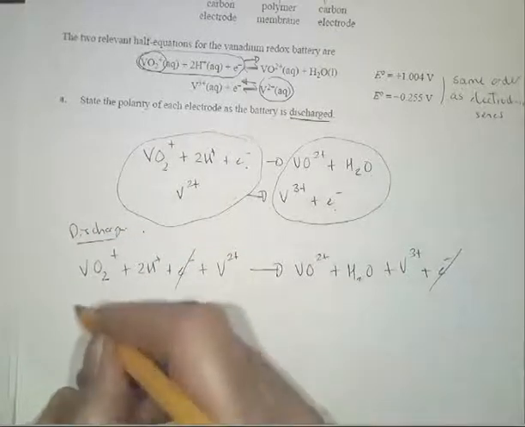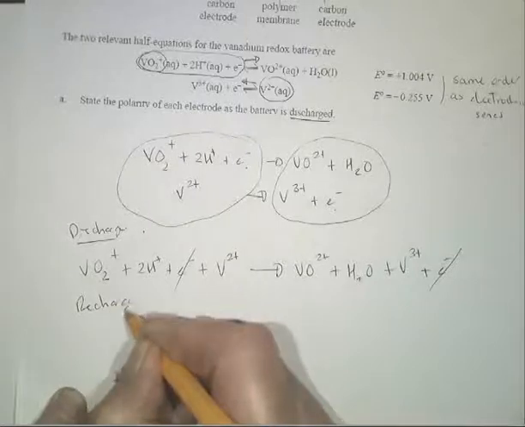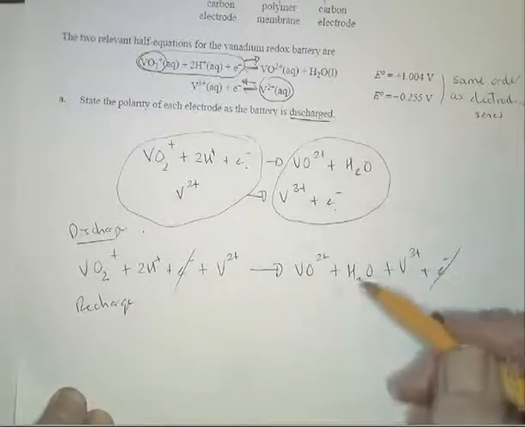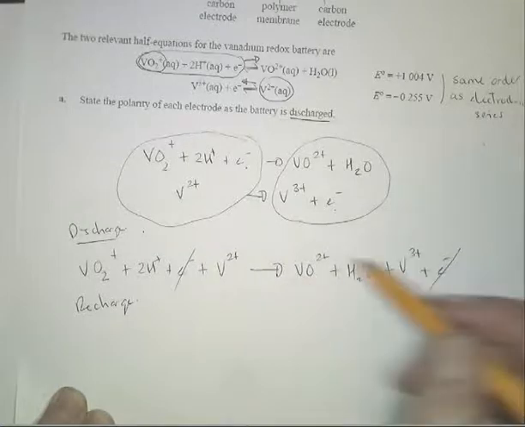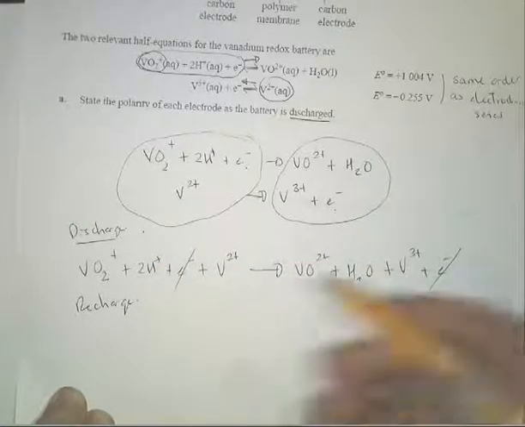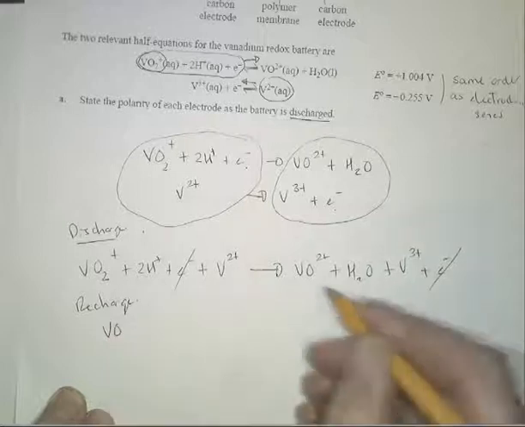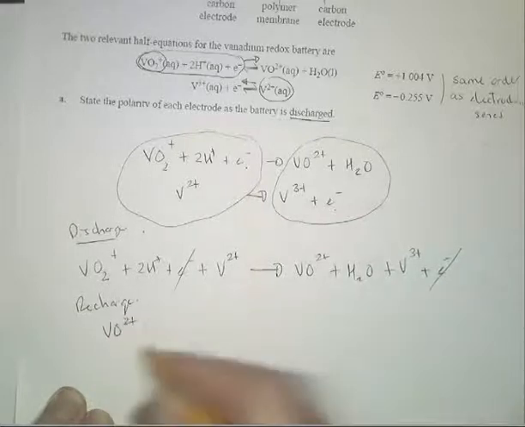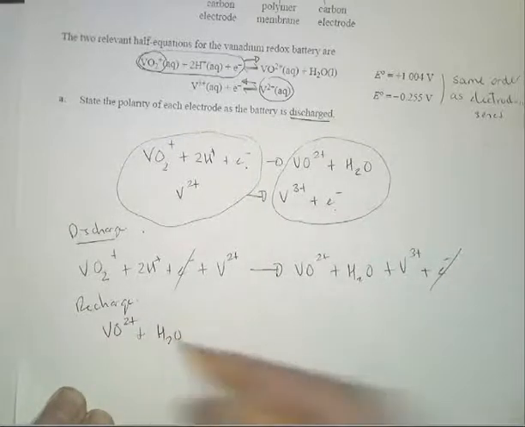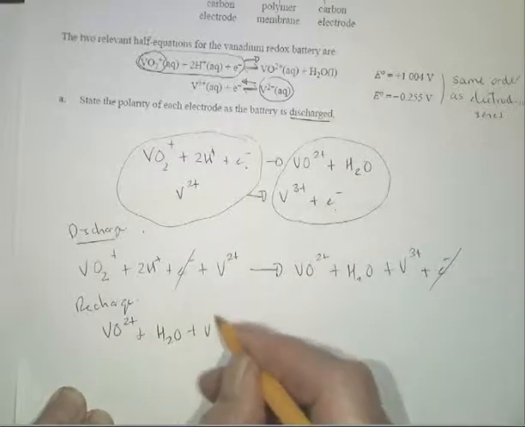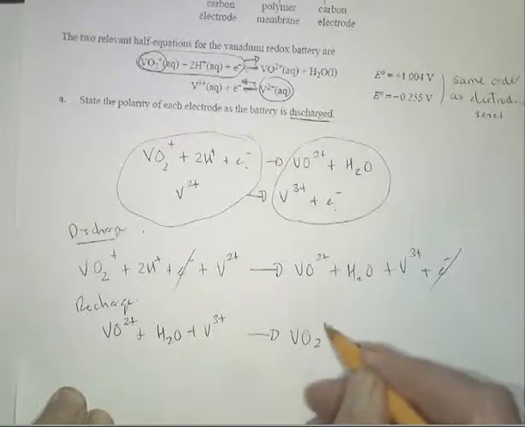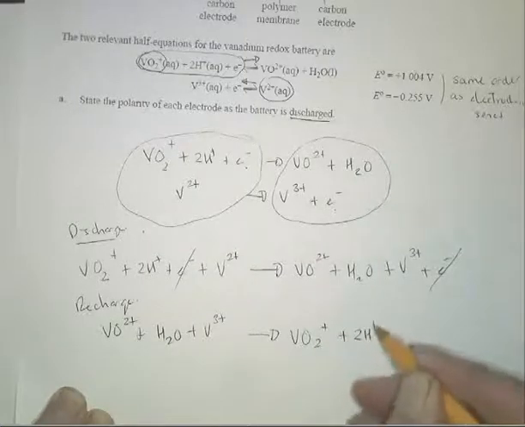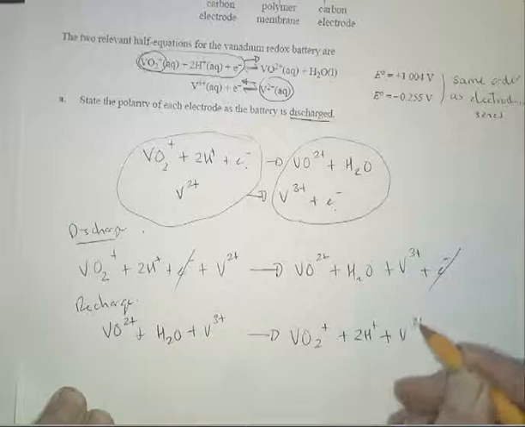Okay, so recharge, it's just the opposite. These chemicals were the products, now they're going to turn back into the reactants. So you just write it out the other way. Just be careful what you're writing. Plus the water plus V3 plus, forming VO2 plus 2H plus V2 plus.